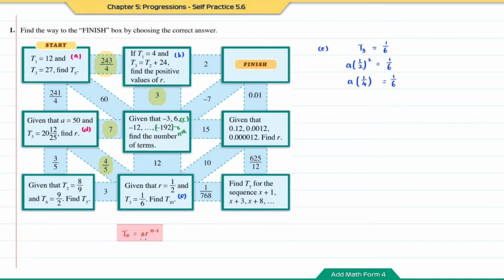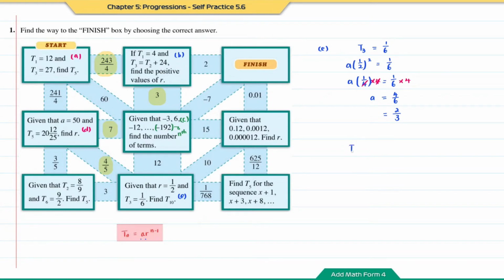So here to find the A, you can move this 1 over 4 to the right hand side and solve this using your calculator, which will be 1 over 6 divided by 1 over 4. Or I can just multiply 4 on both sides in order for me to cancel the 1 over 4 on the left hand side. By doing this, you'll find that the A is equal to 4 over 6. Simplify this. The A is equal to 2 over 3.